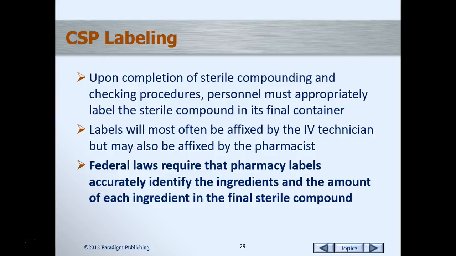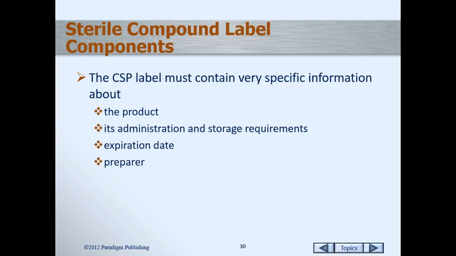Federal law requires that the pharmacy labels accurately identify the ingredients and the amount of each ingredient in the final sterile compound. So there are specific guidelines, not only federally, but also by the state board. And we'll look at the state board guidelines towards the end of this presentation.